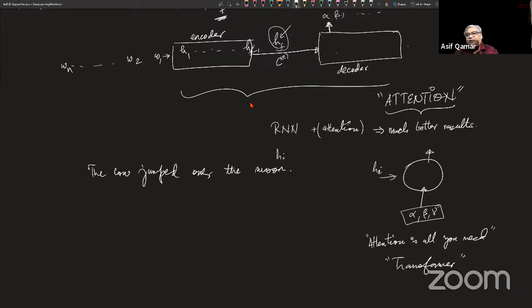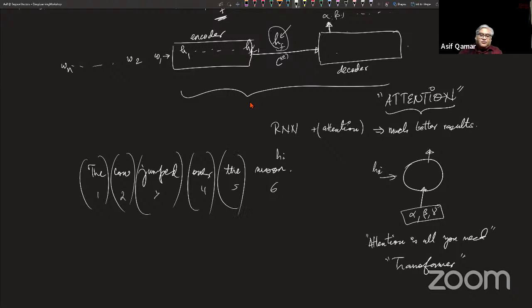So you need to give a positional encoding to each word. You have to say this is the first word, second, third, fourth, fifth, sixth. So you feed it a pair: a word and its position encoding.